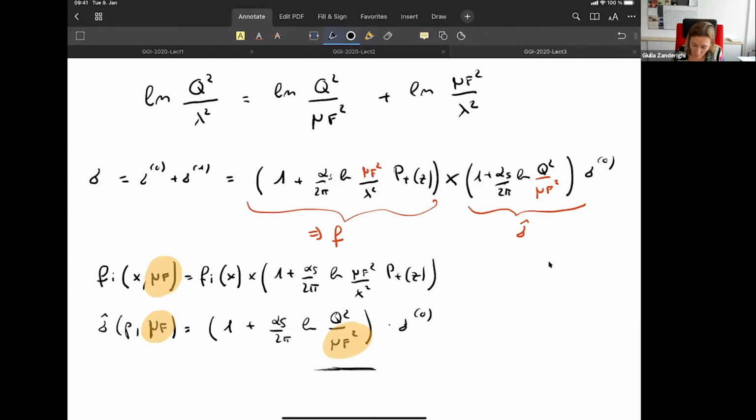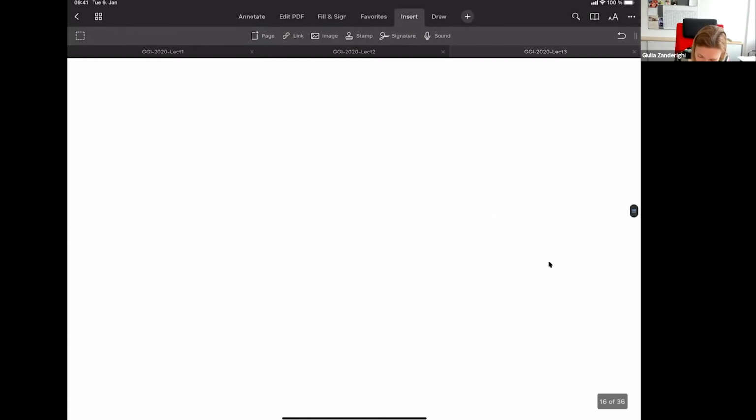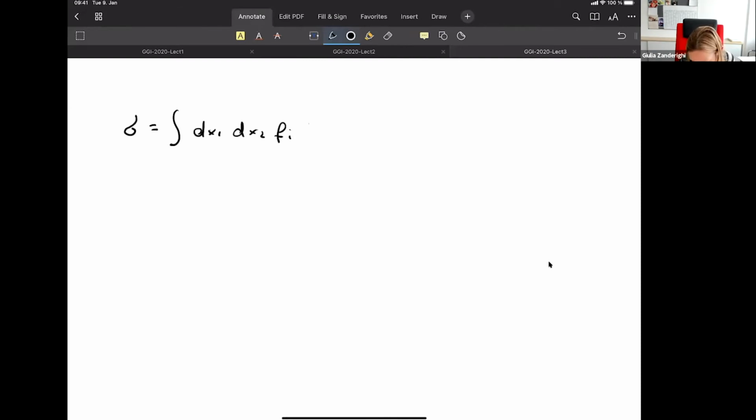So in essence, we started with the parton model formula, and that formula, as I said, was a bit incomplete, but once you include radiative corrections, the correct formula that we now always use, our master formula if you want, is this one, dx1, dx2, f_i of x1, mu, and then you have a partonic cross section that depends on the partonic energy, so on x1 x2 s, and it depends on the factorization scale mu.